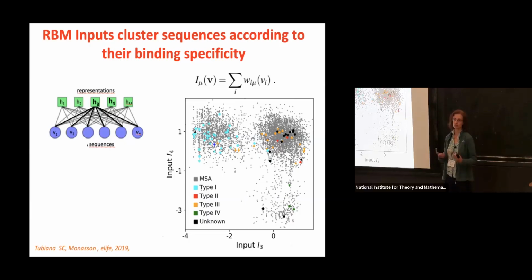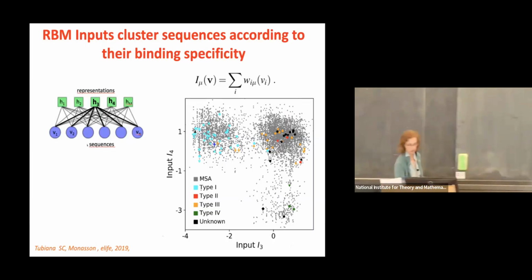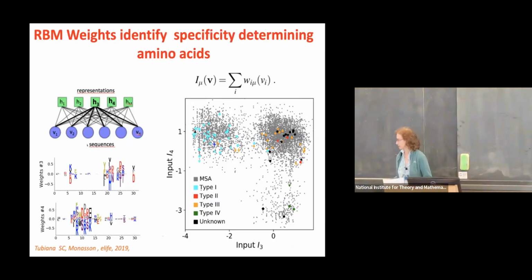So we wanted to have some interpretation of the weights. And so this was a good number of hidden units such that you can interpret the weights well. And I will show in the next slide what I mean by interpreting the weights.